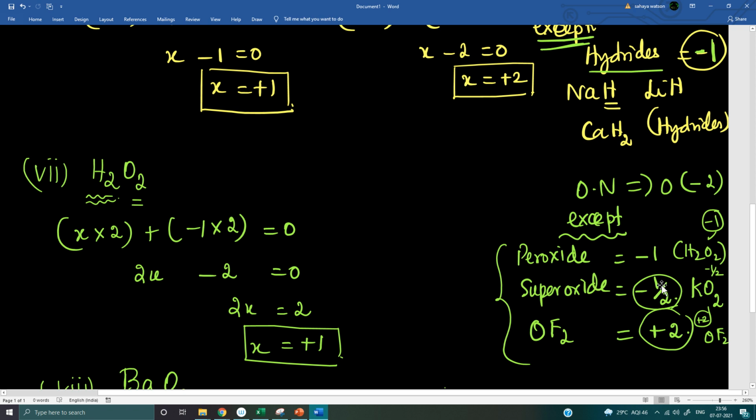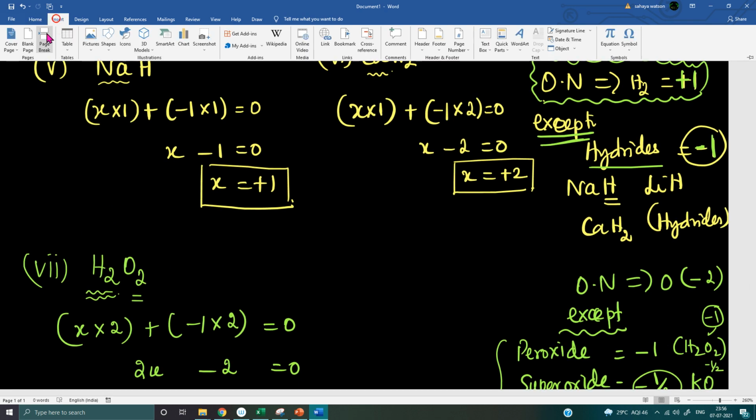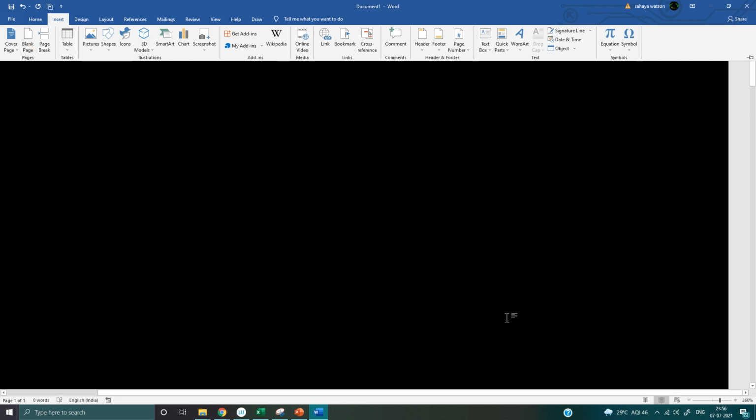One is peroxide, it is minus 1. Superoxide, the oxidation number of oxygen is minus half, and in compounds of fluorine the oxidation number is found to be plus 2. Next, we are moving to the next concept. So you have completed hydrogen and oxygen. So let us recall once again.